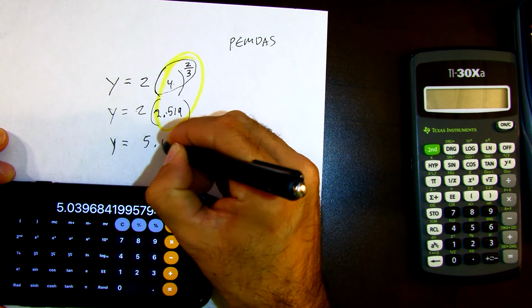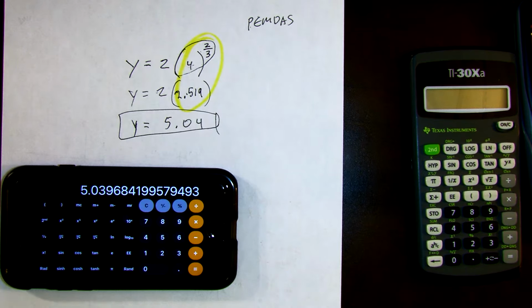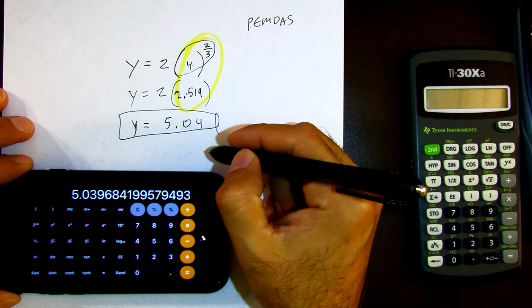I'd probably say to keep it to the hundredth digit is fine. So if I was doing it for an iPhone, you could, let's see.